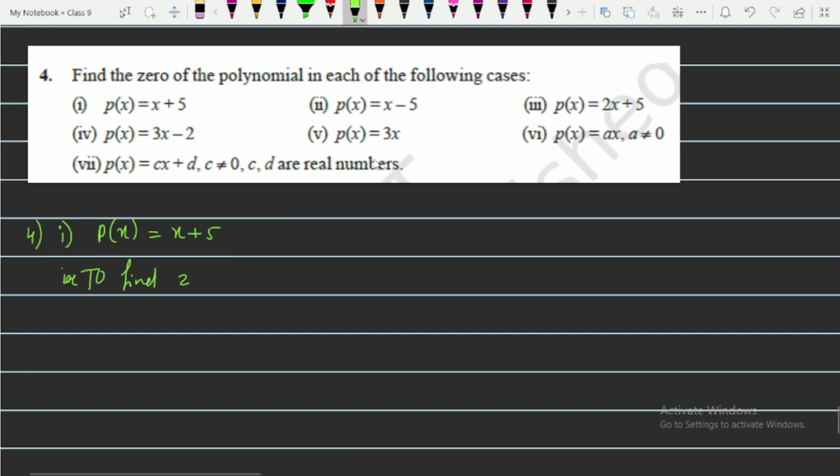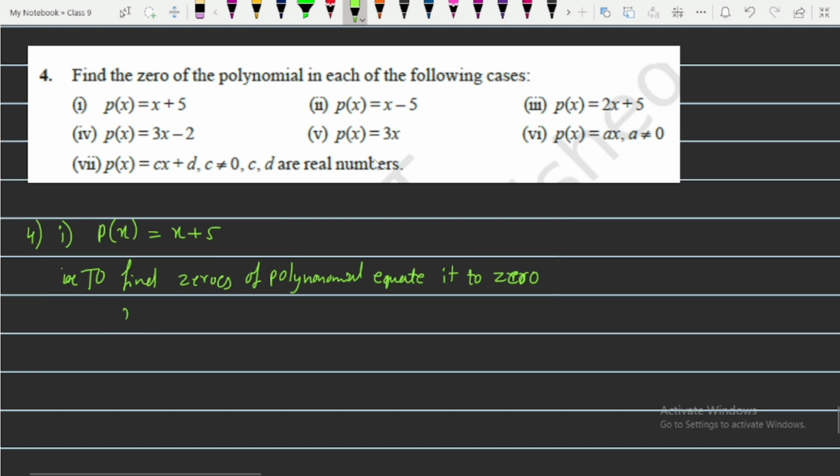To find zeros of a polynomial, equate it to 0. Okay, equate the polynomial to 0. So that is x plus 5, you have to equate it to 0.